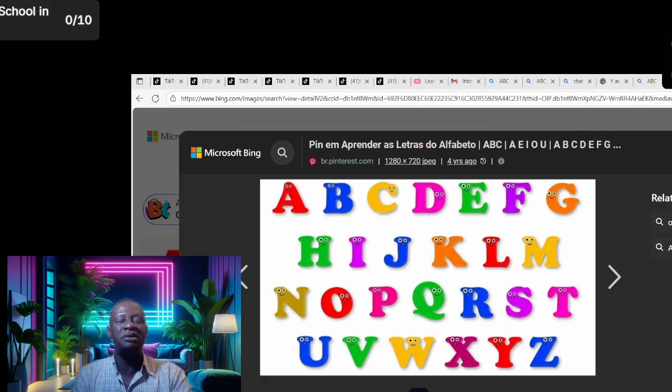Now, 26 letters of the English alphabet. Let's start. A, B, C, D, E, F, G, H, I, J, K, L, M, N, O, P, Q, R, S, T, U, V, W, X, Y, and Z. So the letter that comes after F is G. You find G in girl.